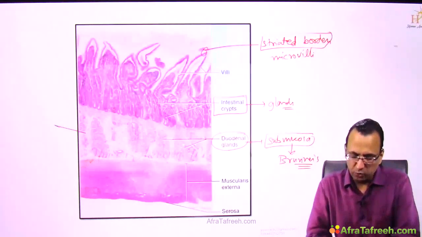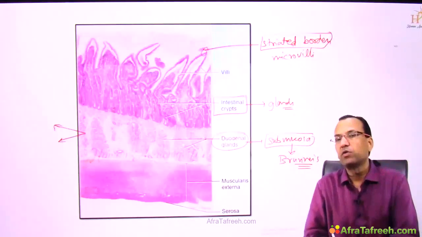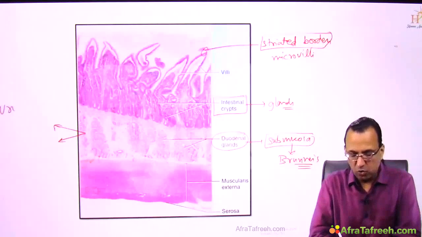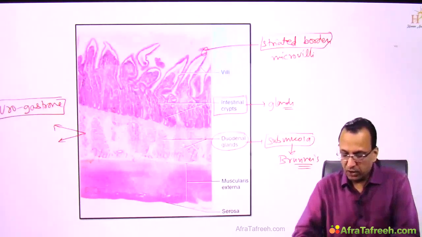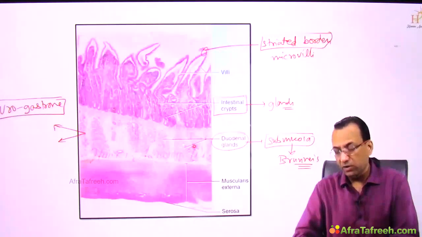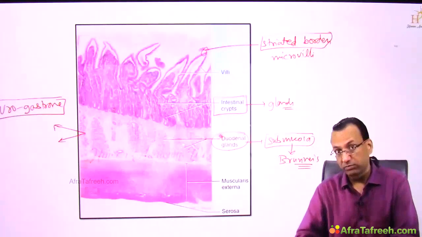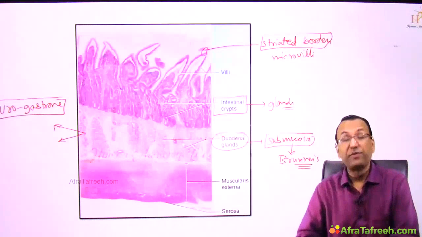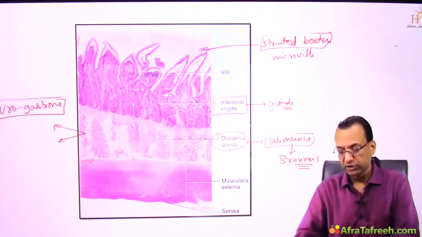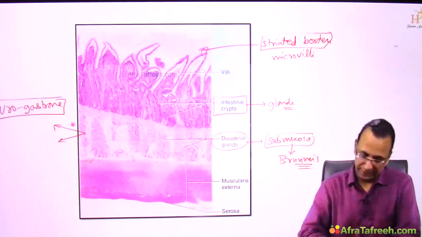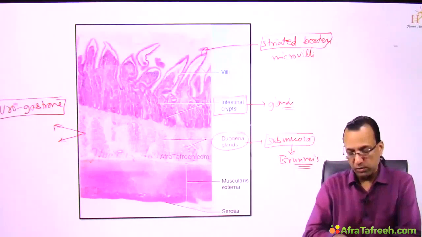Actually, Brunner's gland does two things by secreting one hormone called urogastrone. So first of all, it's a peculiar finding. You are having glands in the submucosa, and that is a feature of the proximal duodenum, which is called Brunner's gland, doing two things by secreting the hormone called urogastrone.